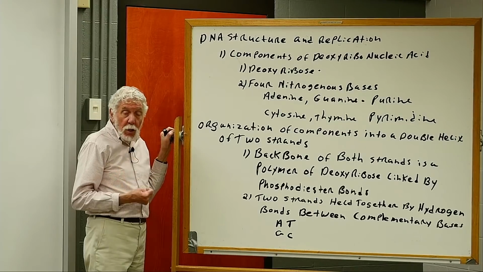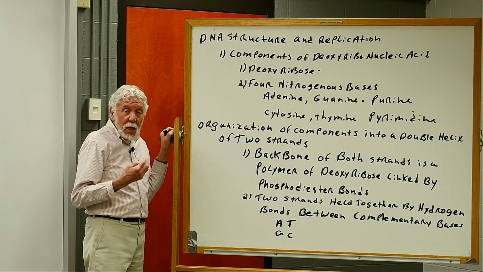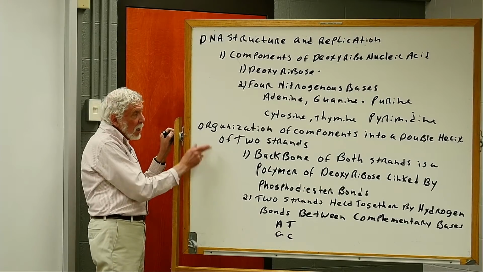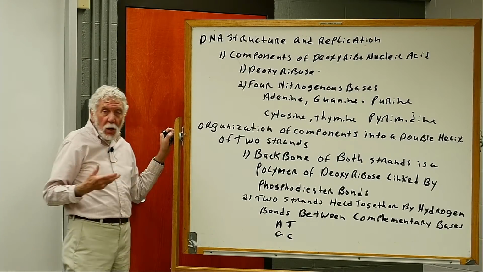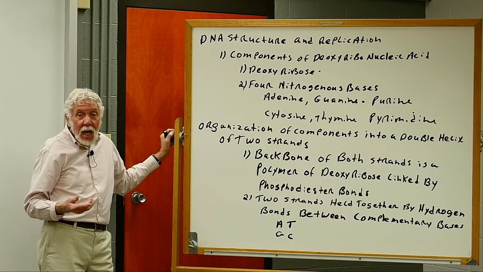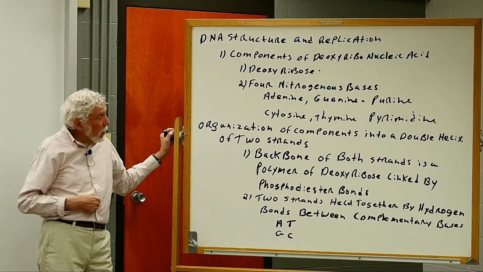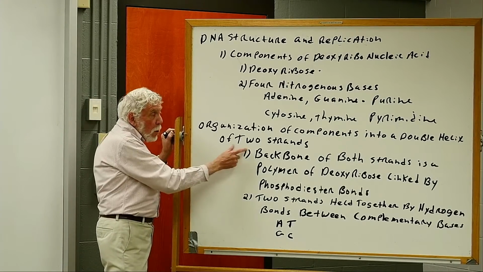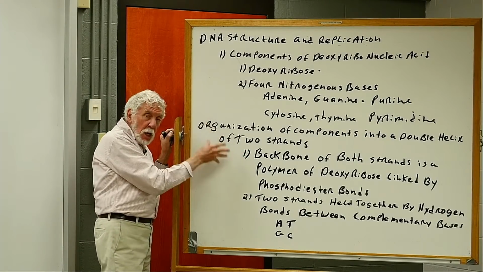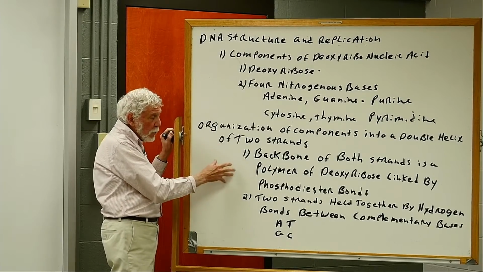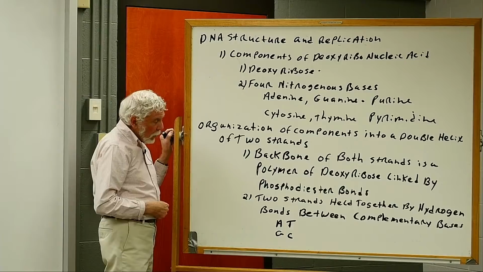We'll see how those phosphodiester linkages are made, and we'll see that there's always this particular fashion in which these deoxyriboses are linked one to the other. They're always linked between the number 3 carbon and the number 5 carbon, and we'll talk a little bit about how that happens. But the backbone is constructed of the deoxyriboses that are linked together by phosphodiester bonds into this great long polymer.